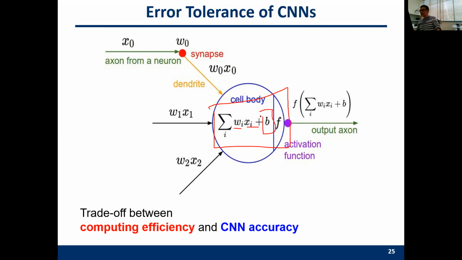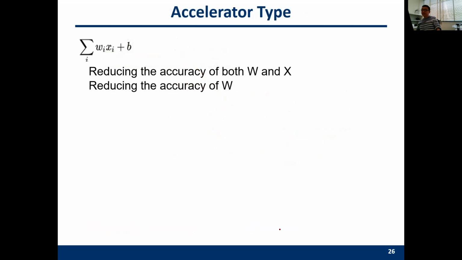The bias is not an important parameter. We can actually eliminate it by regularization in the training. So there are only 2 critical parameters: the weight and the input. So we can explore the trade-off between the computing efficiency and the CNN accuracy.